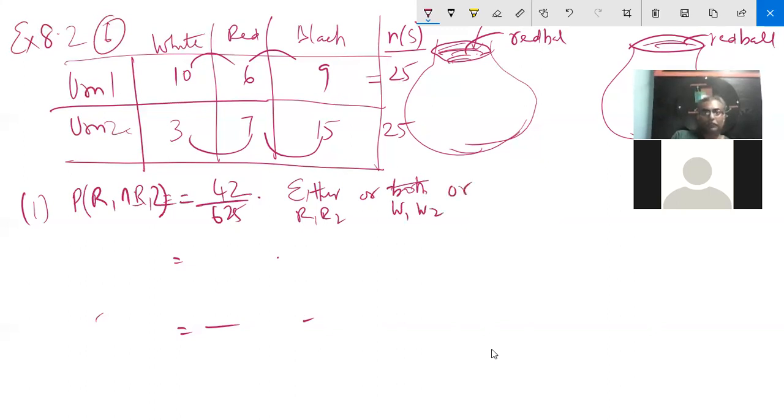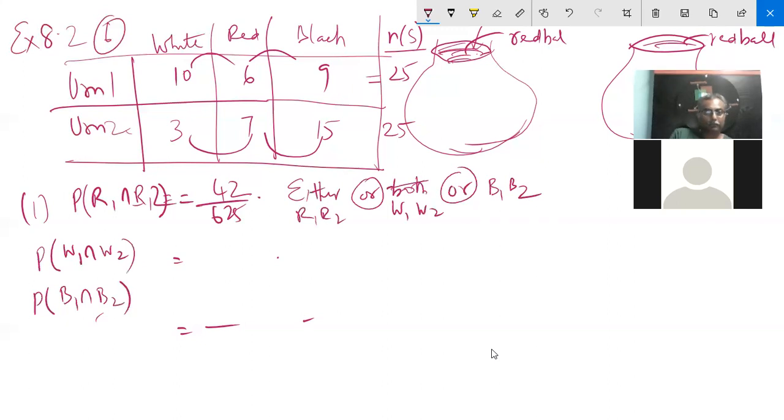Or black, can be both are black. So either or means you have to find out P of W1 intersection W2. Then you have to find P of black 1 intersection black 2. Okay, you have to find it.